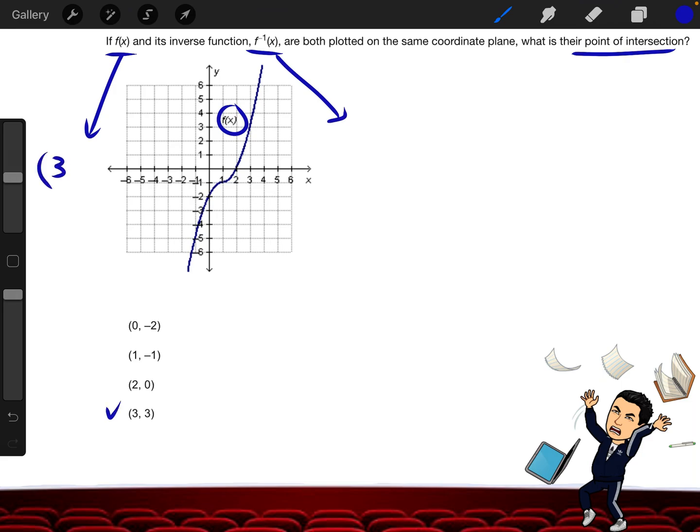If f of x has the point 3 comma 3, and you swap it to find the point contained by the inverse function, that's going to be 3 comma 3, because when you swap it, it's still 3 comma 3. So 3 comma 3 is the point of intersection of these two functions.